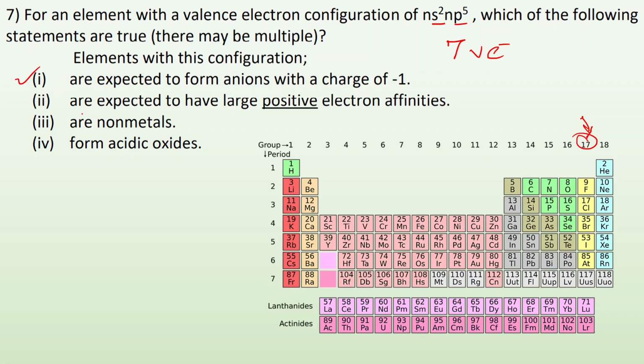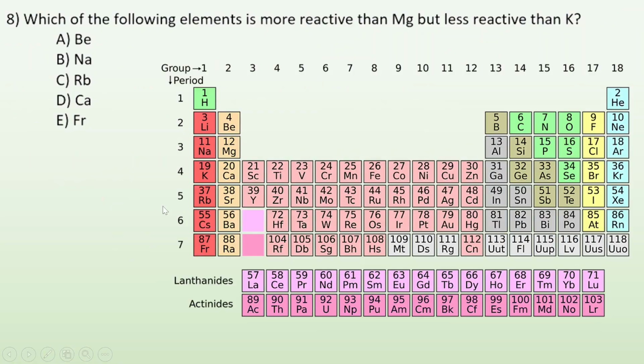Are expected to have large positive electron affinities? No, they want to be negative. They give off energy when they gain electrons. Are they nonmetals? They sure are. And do they form acidic oxides? They sure do. So which one of these would be 1, 3, and IV. So 1, 3, and 4 are true statements.